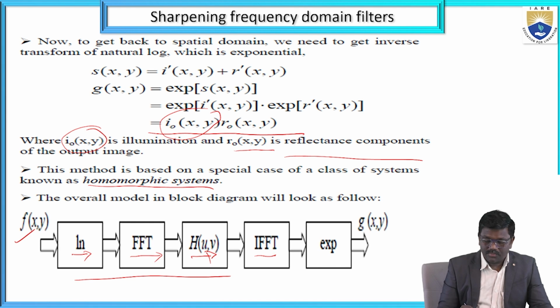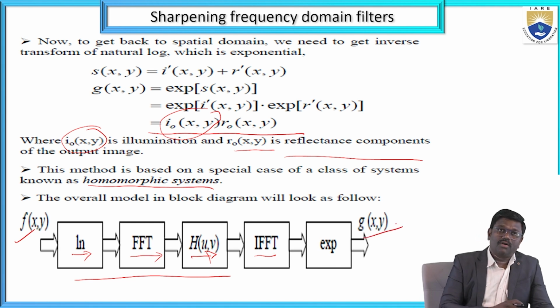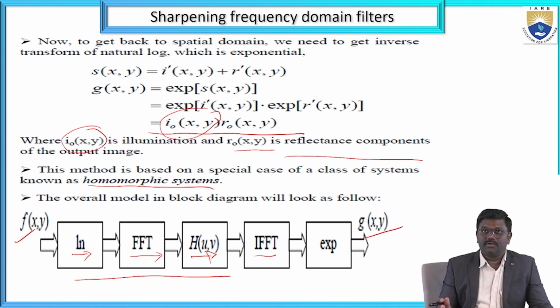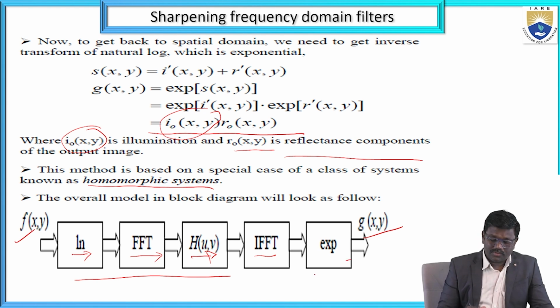Then we obviously get the required f of x comma y to g of x comma y, which is transformed by the exponential process.